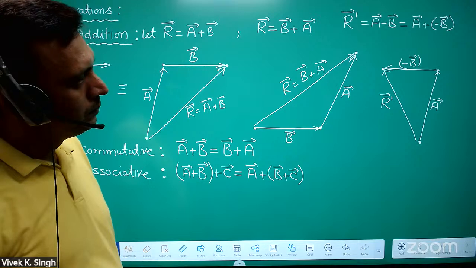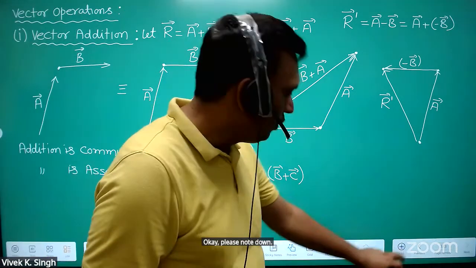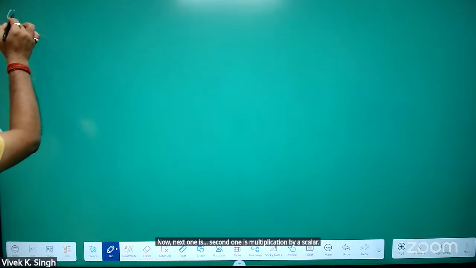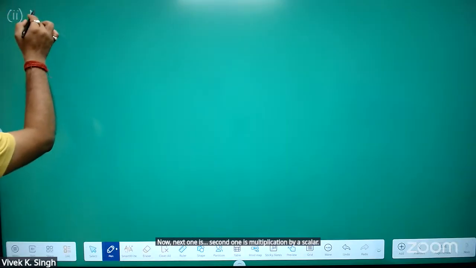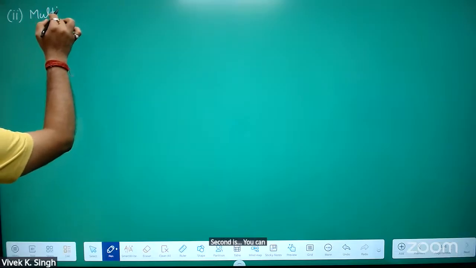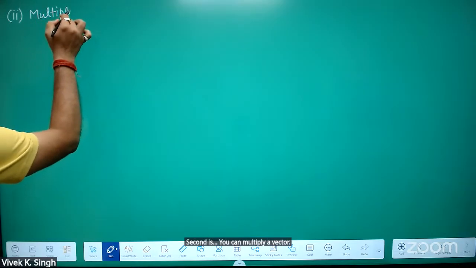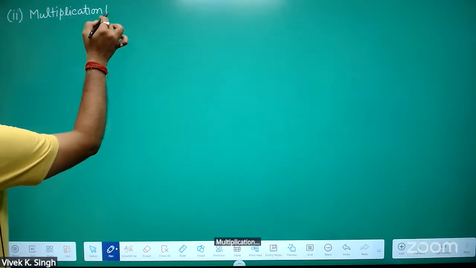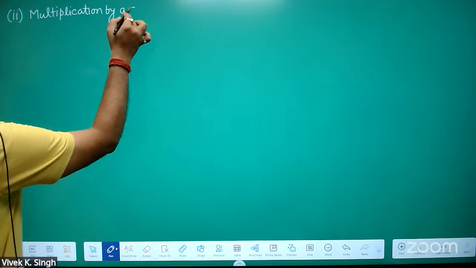Chalo. Now the second one is multiplication by a scalar. You can multiply a vector by a scalar.